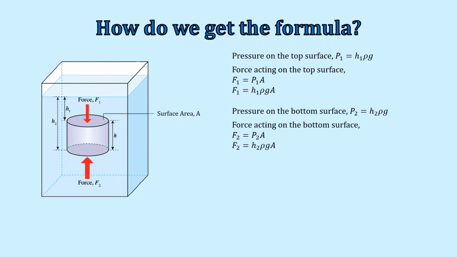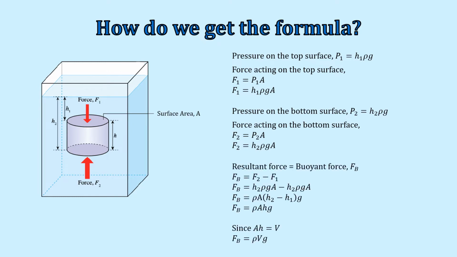We already have the equations for both forces acting on the top and bottom surfaces. Now, we can get the resultant force, where the resultant force is equal to the buoyant force. The buoyant force will be equal to F2 minus F1.